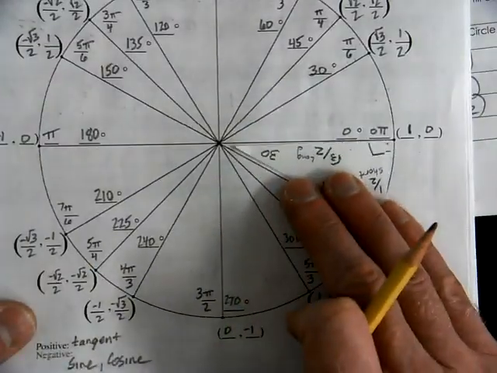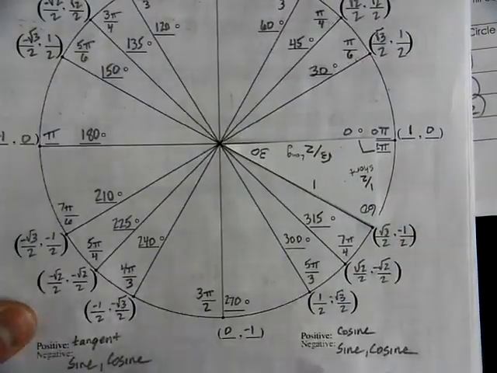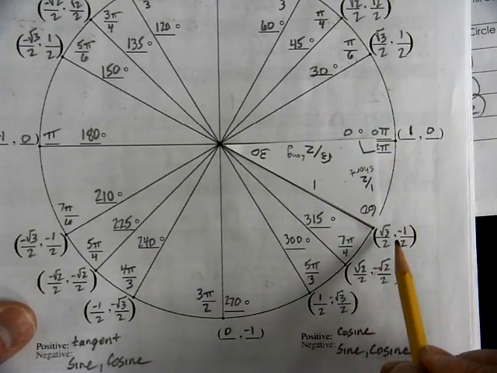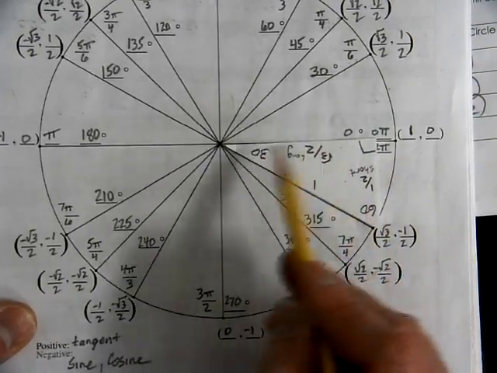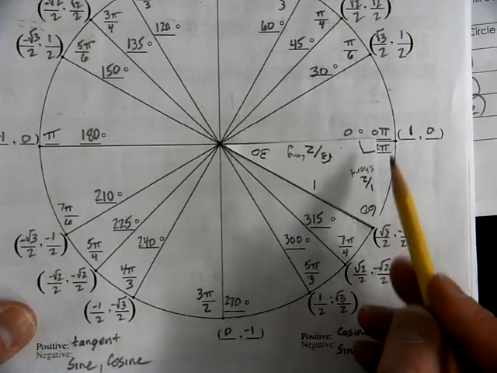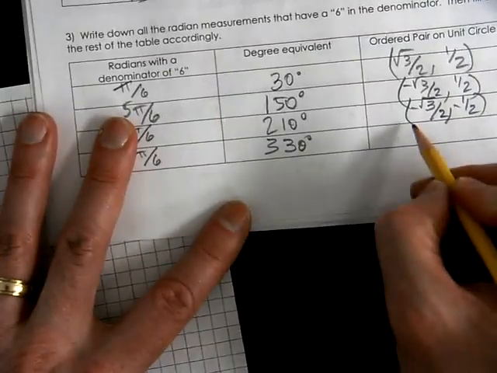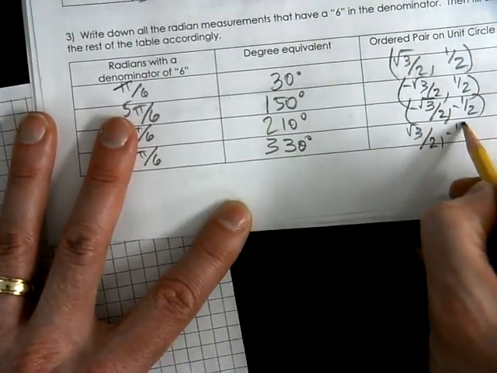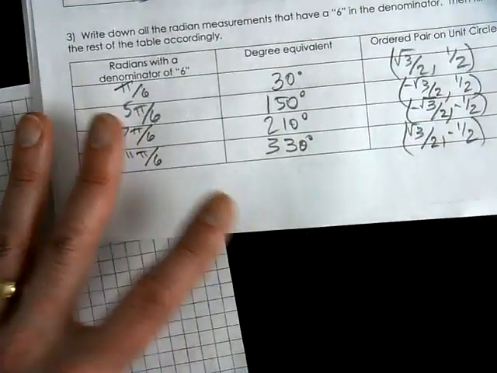That's 30 degrees less than 360. You're over a long way, you're down a short way. Long is root 3 over 2, short is a half every single time. In this case, the x is positive, but the y is negative because you're going in the fourth quadrant.